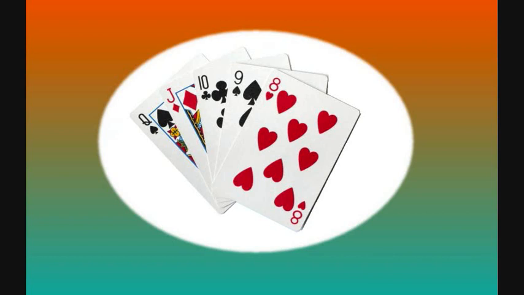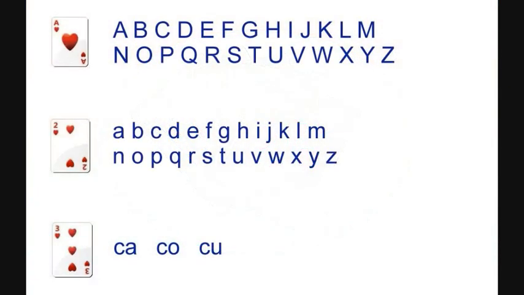In this lesson, we'll concentrate on spelling. Let's start by naming the letters in the alphabet. Look at the Ace of Hearts and read the letters out loud.